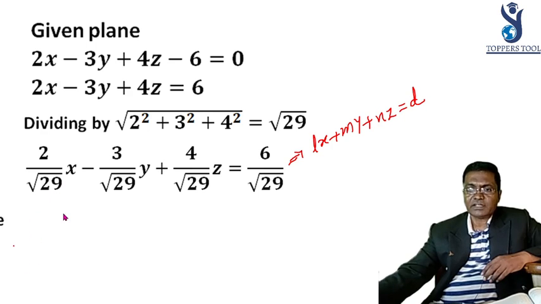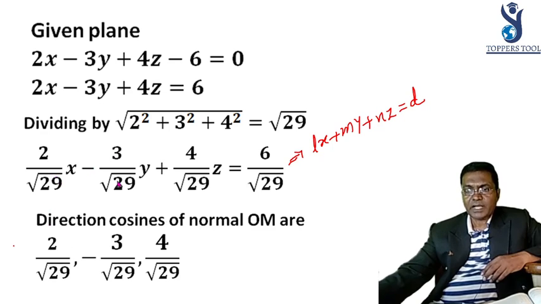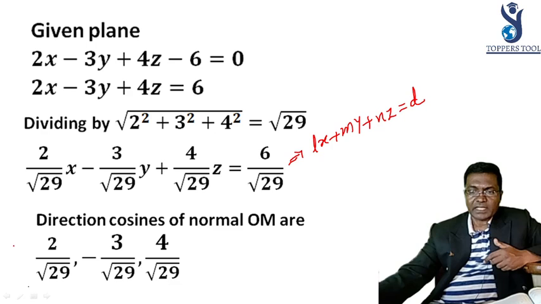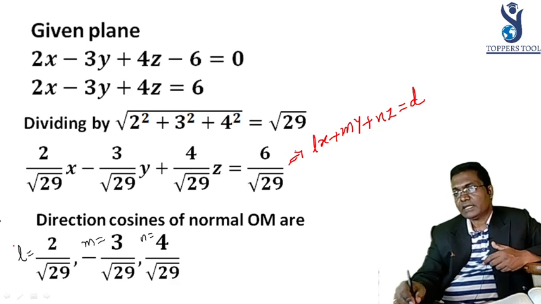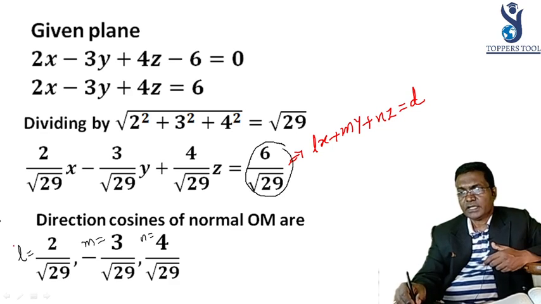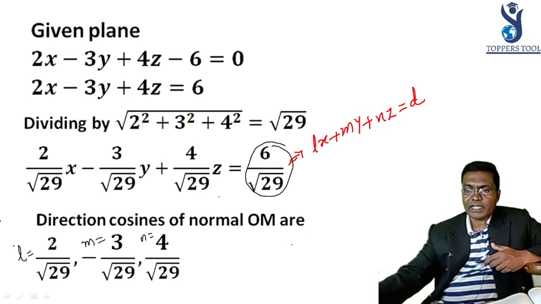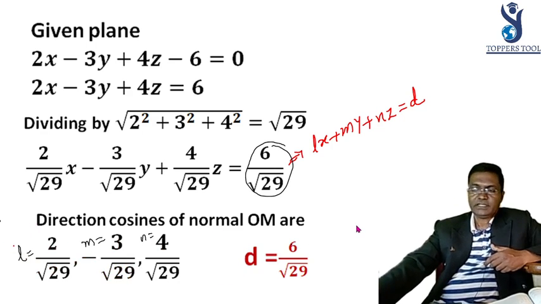The direction cosines are 2 by root 29, minus 3 by root 29 and 4 by root 29. These are your L, M and N, and this is your D, so D is 6 by root 29.